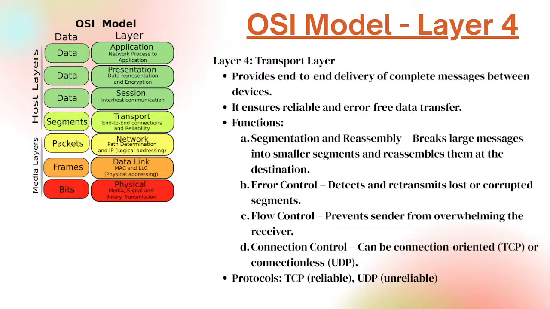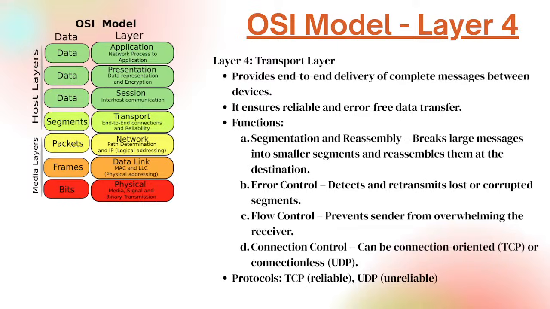And it ensures, this is a very important point, reliability and error-free data transfer. The transport layer is the fourth layer of the OSI model, responsible for reliable and error-free data transfer between computers over a network.